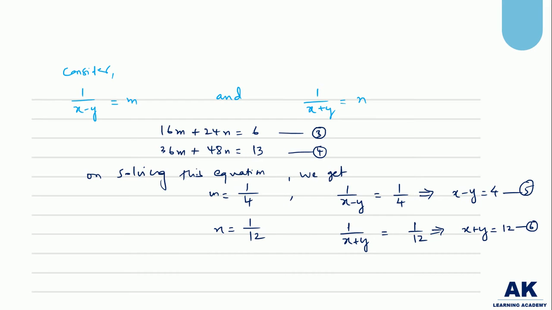Now I have to solve these equations. To solve them, I have to add equation 5 and 6. So x minus y is equal to 4 and x plus y is equal to 12.